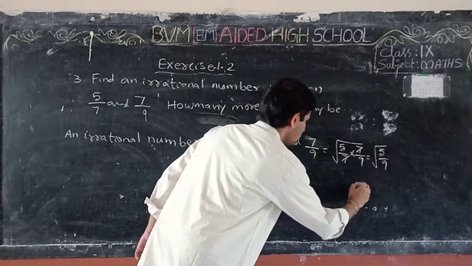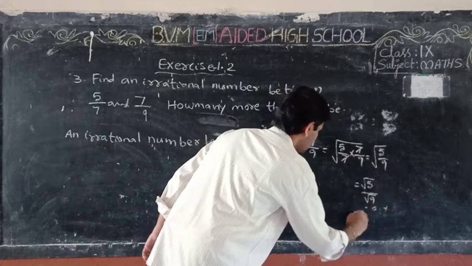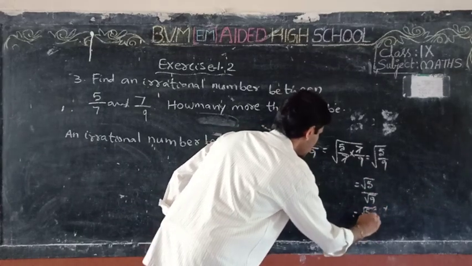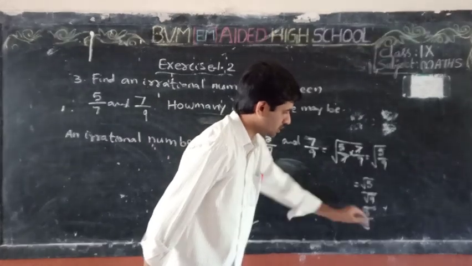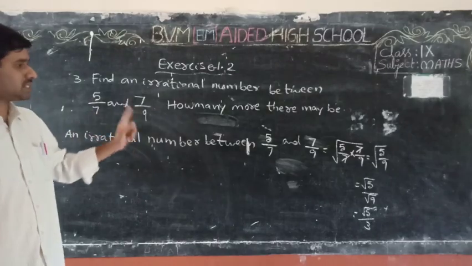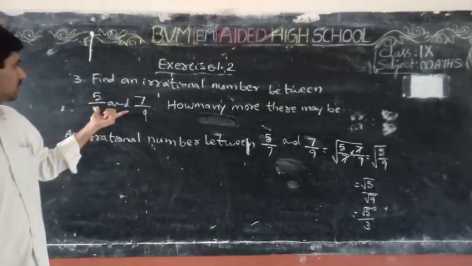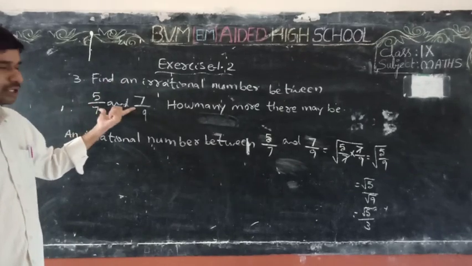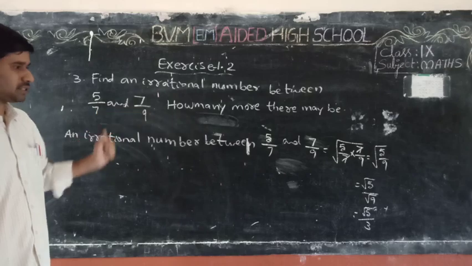Root 5 is not a perfect square. Root 9 means 3. So in the p by q form, p and q are not integers. So it is an irrational number that lies between 5 by 7 and 7 by 9. This is one of the easiest methods for finding one irrational number between two rational numbers or two integers.